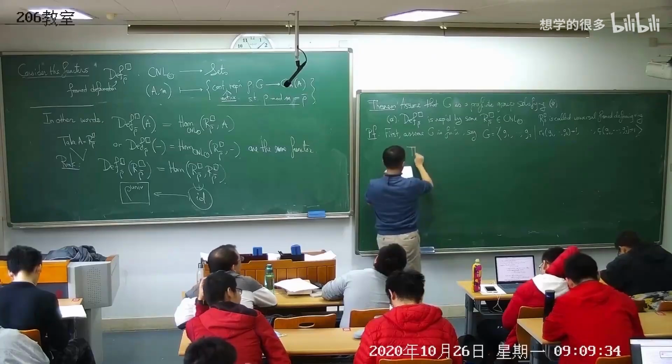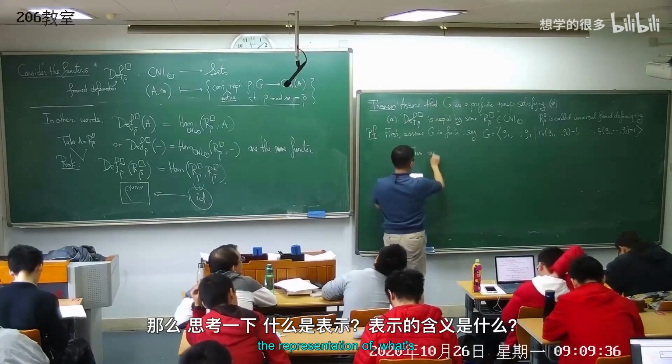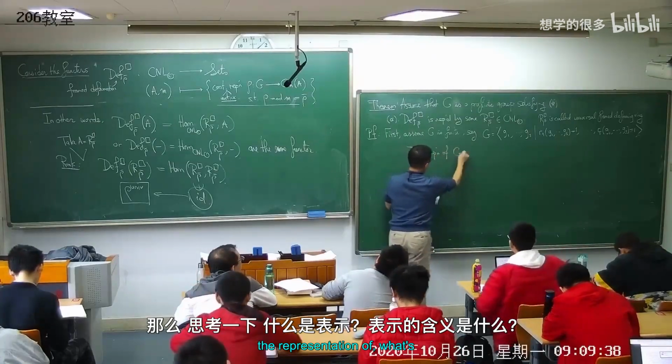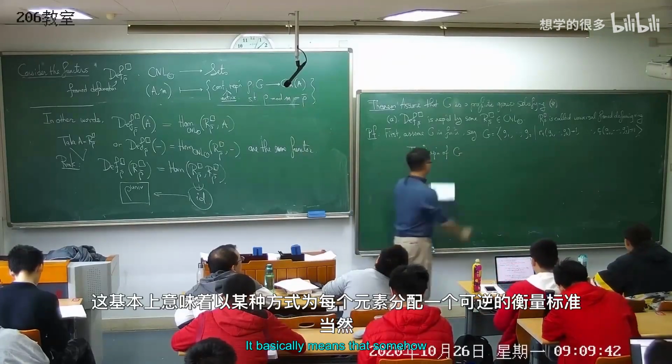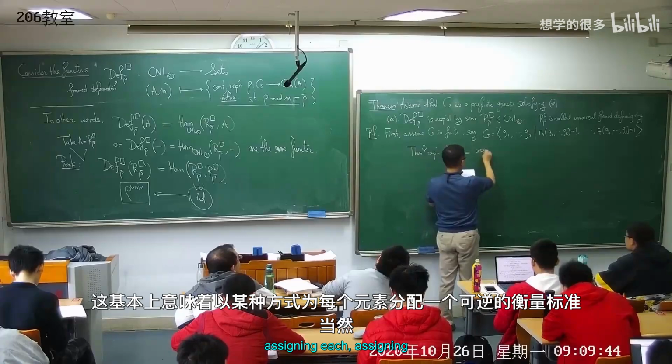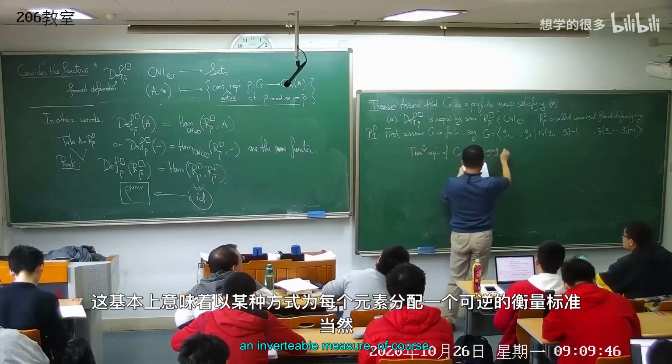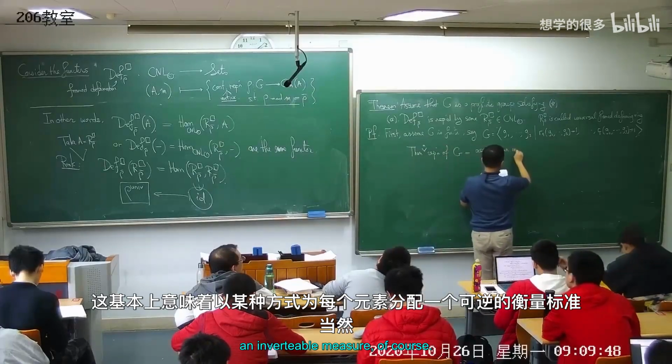Then think about what a representation of G means. It basically means assigning an invertible matrix, of course.